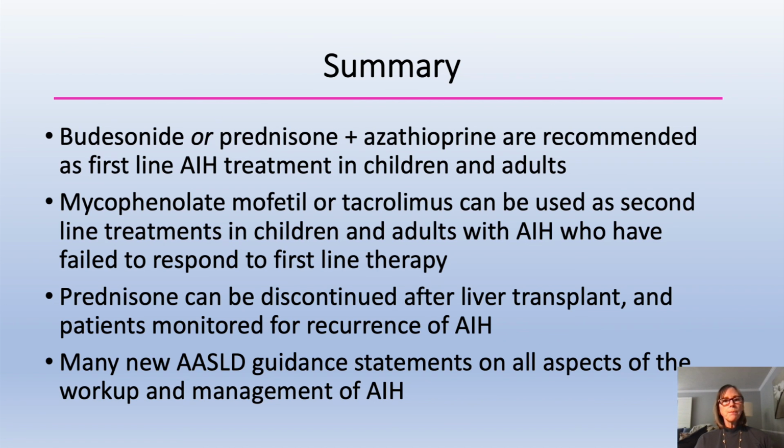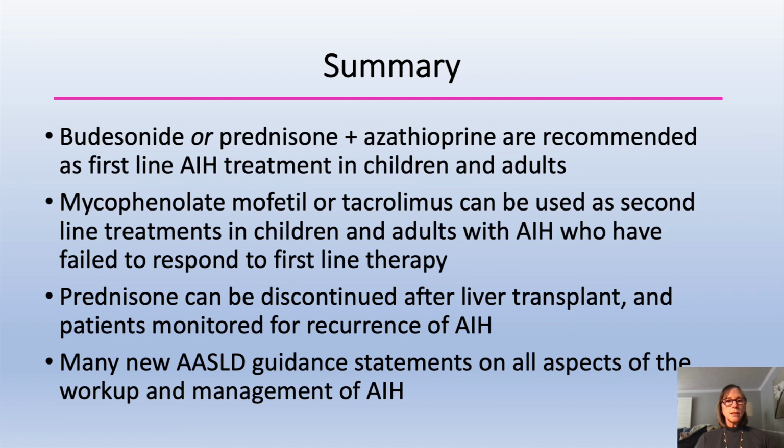So in summary, budesonide or prednisone with azathioprine are recommended as first-line treatments for autoimmune hepatitis in children and adults. Mycophenolate mofetil or tacrolimus can be used as second-line treatments in children and adults with autoimmune hepatitis who fail to respond to the first-line therapies.